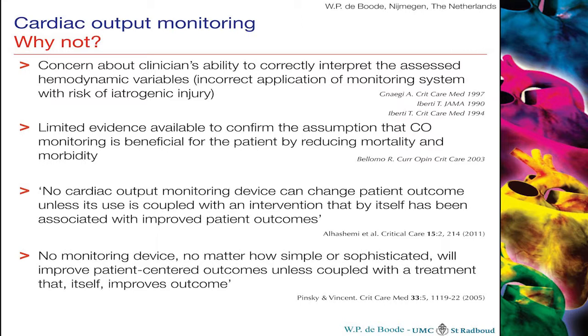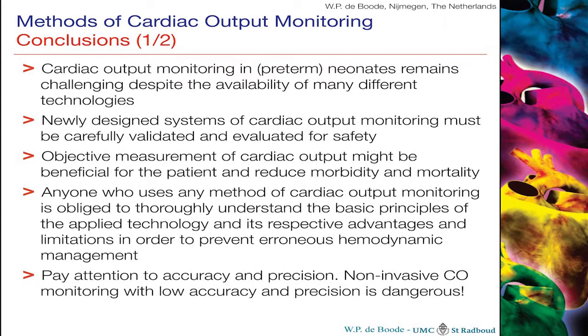And what is said, I think this is very wise: no cardiac output monitoring device can change patient outcome unless it's coupled with an intervention that by itself has been associated with improved patient outcome. No monitoring device, no matter how simple or sophisticated, will improve patient-centered outcomes unless coupled with a treatment that itself improves outcome.